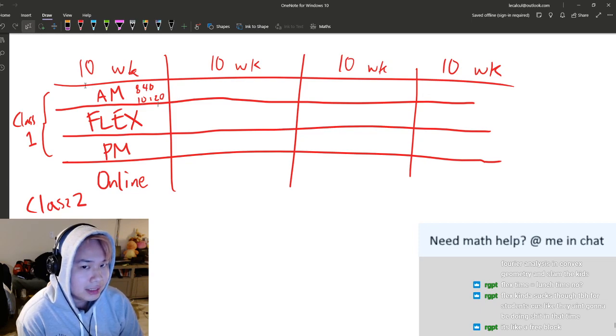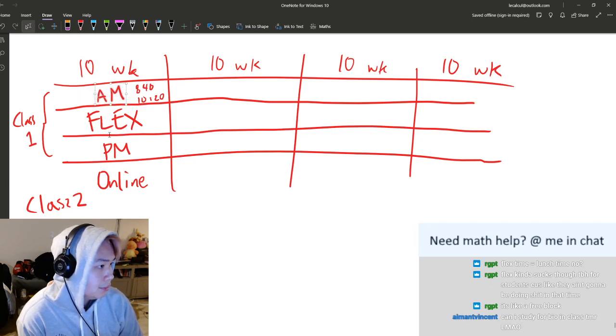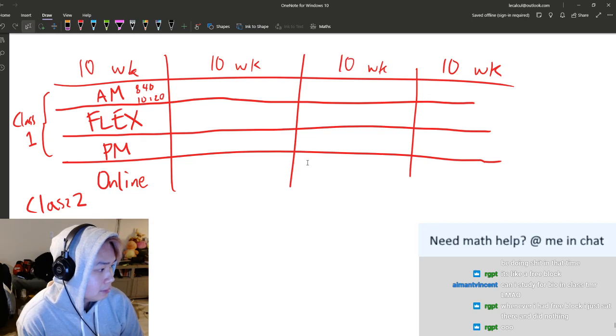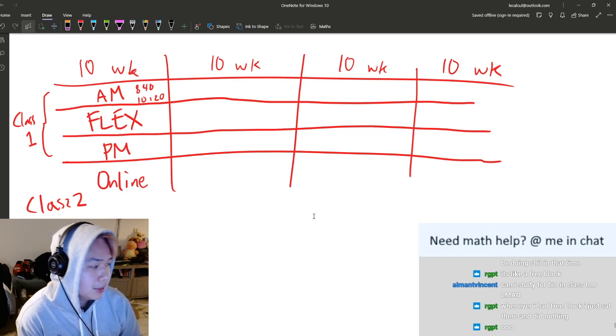Once they finish a class, they go home. It's not necessarily a free block, right? You go to your class, and your other class is online, so you go home and do it at home. So flexes are specifically for, for example, IB students, and then we teach them in person.